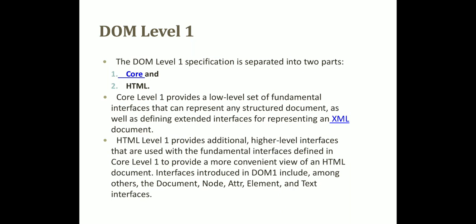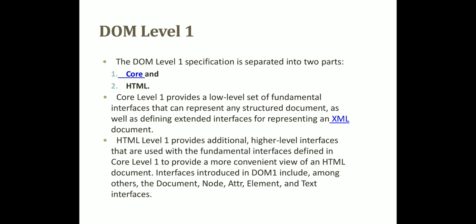Core level 1 provides a low level set of fundamental interfaces that can represent any structured document, and it also defines the extended interface for representing an XML document. And HTML level 1 provides additional higher level interfaces that are used with the fundamental interfaces defined in core level 1.